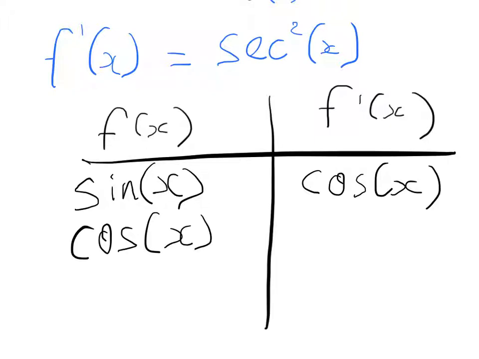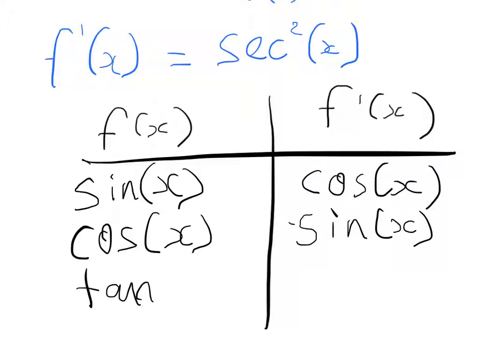Cos x becomes negative sine of x. Tan x becomes sec squared of x.